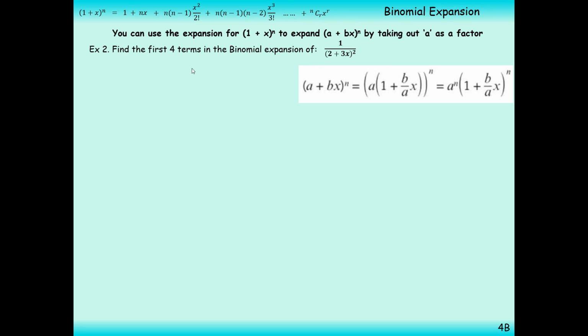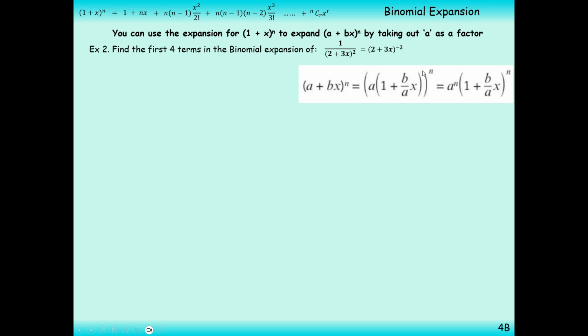In this example, we've been asked to find the first four terms of the binomial expansion of 1 over (2 plus 3x) squared. Let's rewrite that fraction with a negative power as a linear term. So if we rewrite that, we'll get 2 plus 3x raised to the power minus 2.